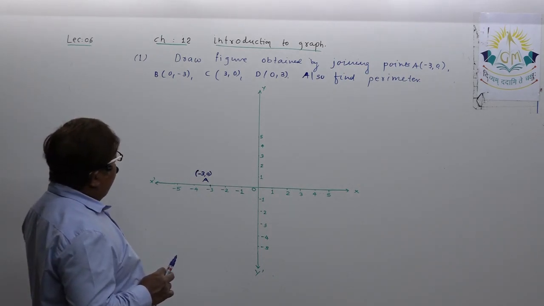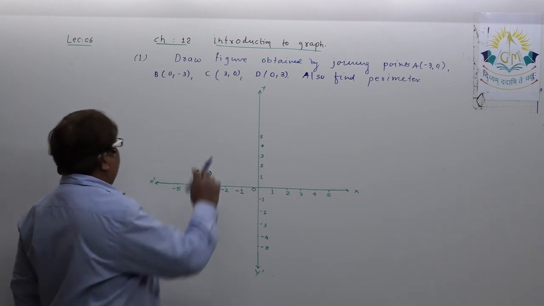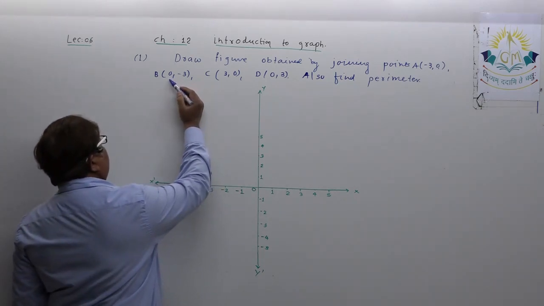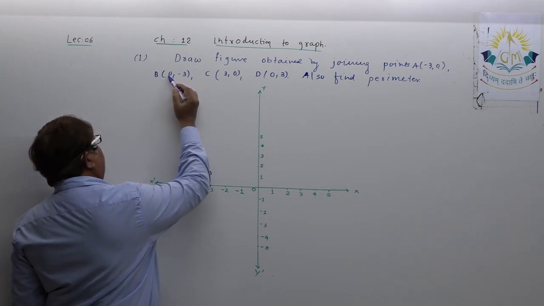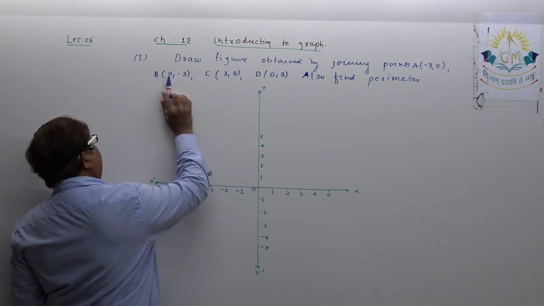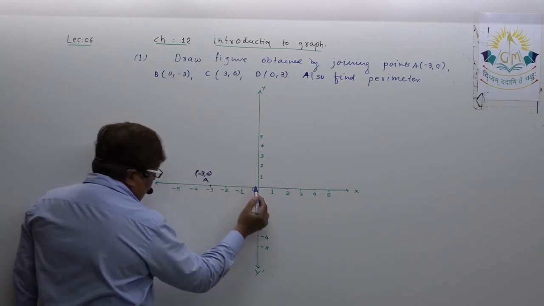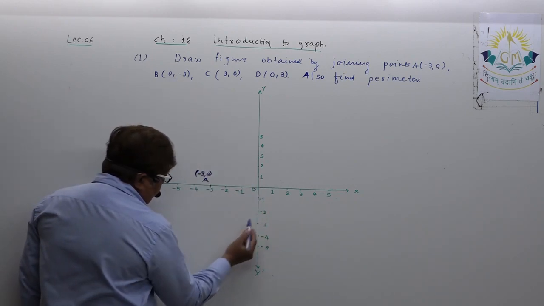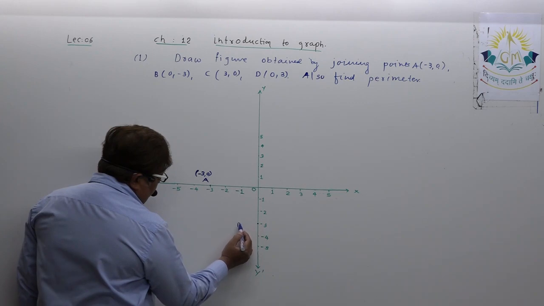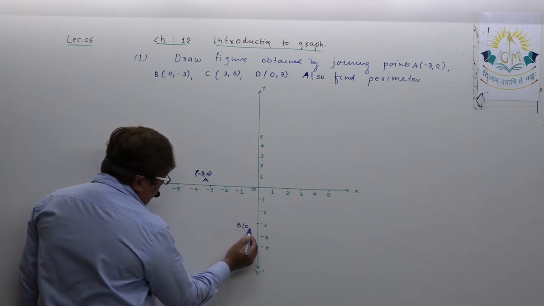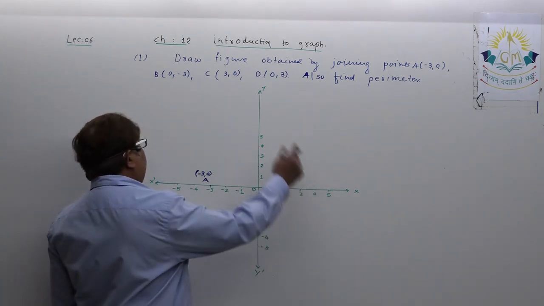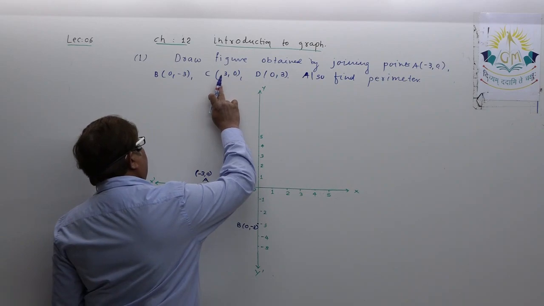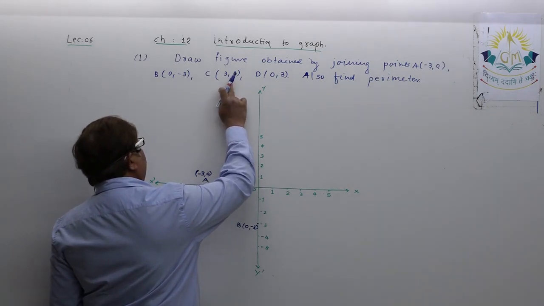Then the second point, B 0 comma minus 3. Here the x coordinate is 0, the y coordinate is minus 3. So the point is here, B. The third point, C 3 comma 0.